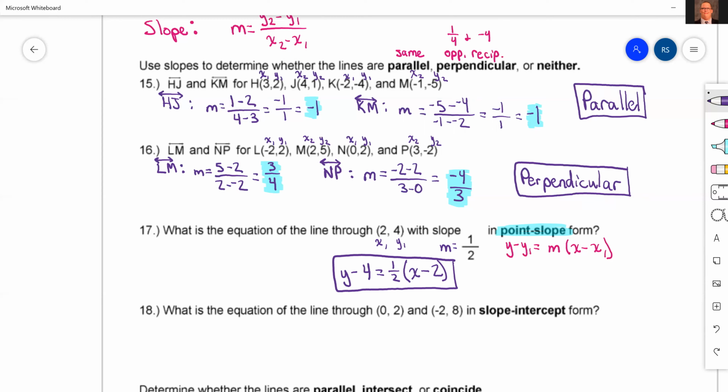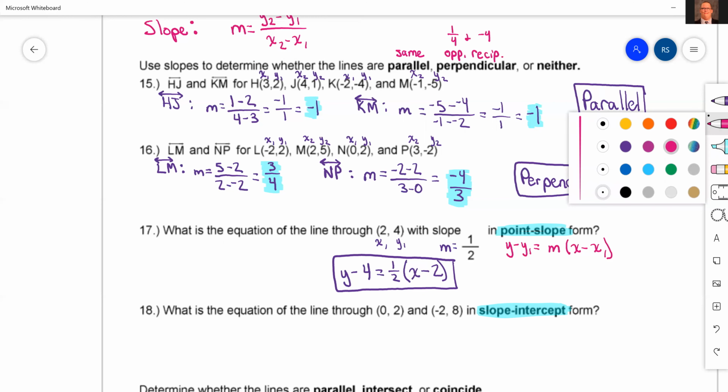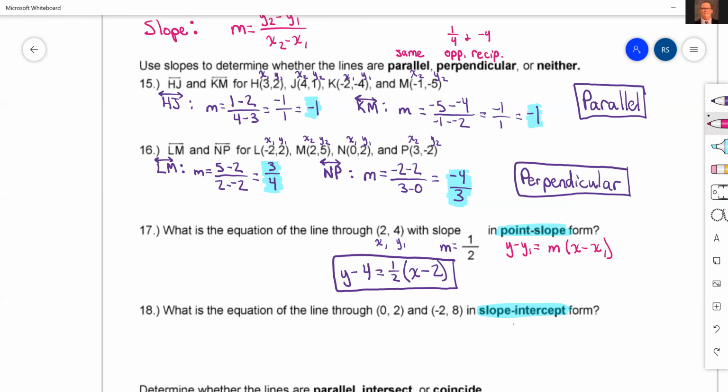Okay, next one. What is the equation of the line through 0, 2 and -2, 8 in slope-intercept form? This is our other major form that we've talked about. That's the one that says y equals mx plus b.